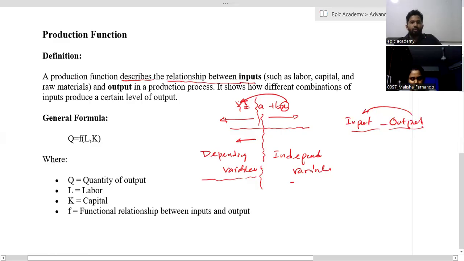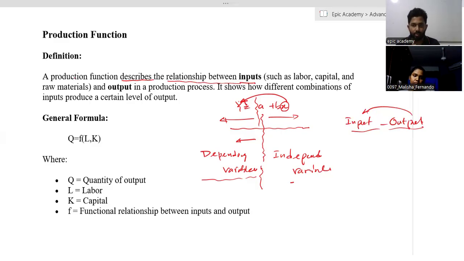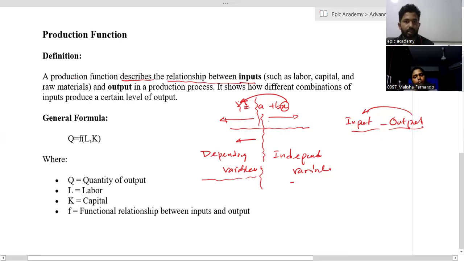Okay, so what are the inputs? Labor, capital, raw material, something like that. What is the output? Output means goods and services, the number of productions. It shows how different combinations of input produce a certain level of production. As an example, Q equals F, meaning a functional relationship depending on those factors.